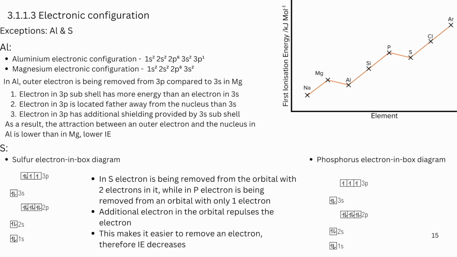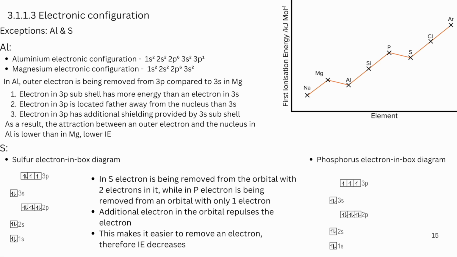The 3p subshell has a higher associated energy than the 3s subshell, so an electron in it has more energy. Also, the 3p subshell is located farther away from the nucleus than the 3s subshell. And finally, the 3p subshell experiences additional shielding provided by the 3s subshell. This results in less attraction between an outer electron and the nucleus in aluminium compared to magnesium. Therefore, aluminium has lower ionization energy than magnesium.